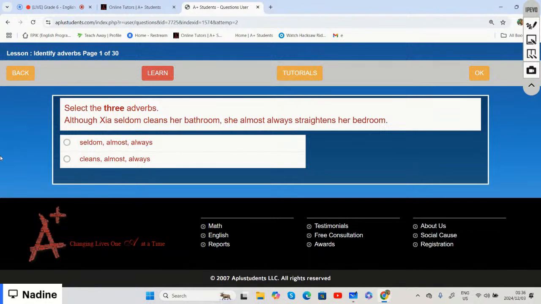So option one, which is seldom, almost, always, or option two, cleans, almost, always.